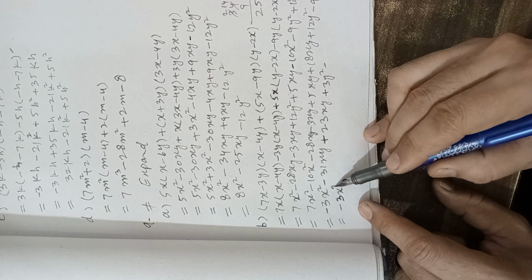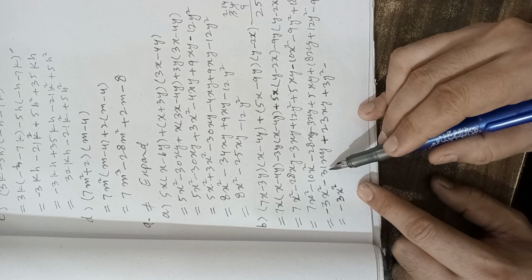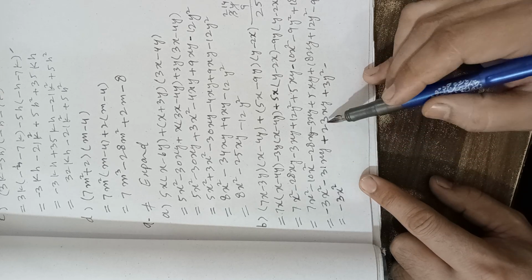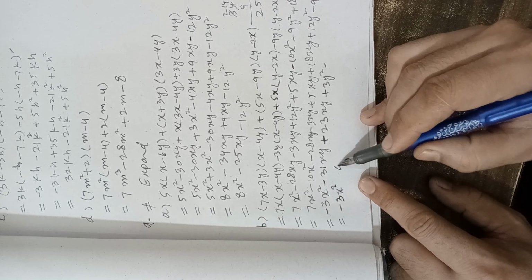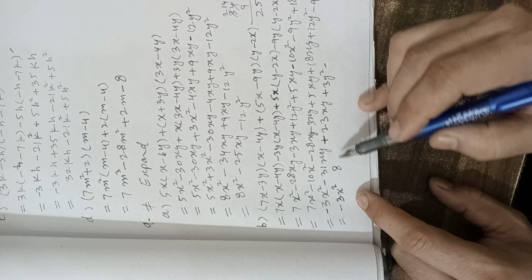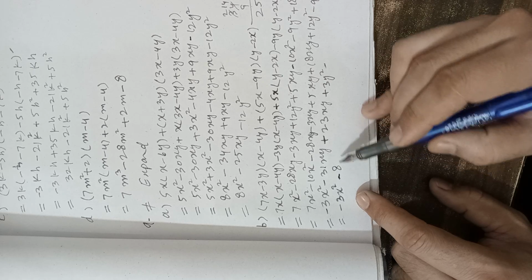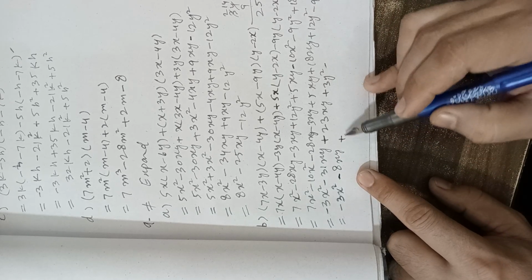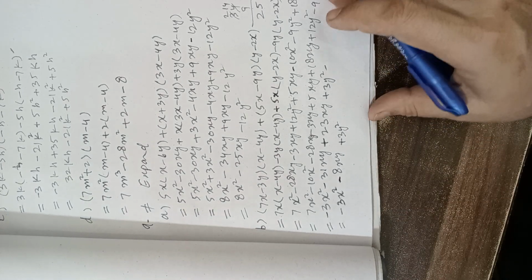After subtracting 23 from 31, the answer is, when we subtract 3 from 11, the answer is 8, and if we subtract 2 from 2, the answer is 0. So minus 8xy is the answer here, and then plus 3y square. Also see another question.